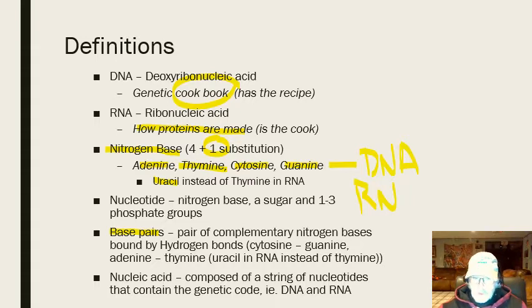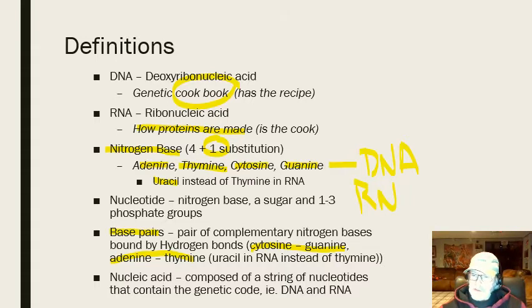One strand has a nitrogen base or nucleotide on one side, and attached to the other strand is another nucleotide, and they're bonded together in the middle by hydrogen bonds. So we always know that cytosine on one strand will always bond with guanine on the other strand. Adenine on one strand will always bind with thymine on the opposite strand.